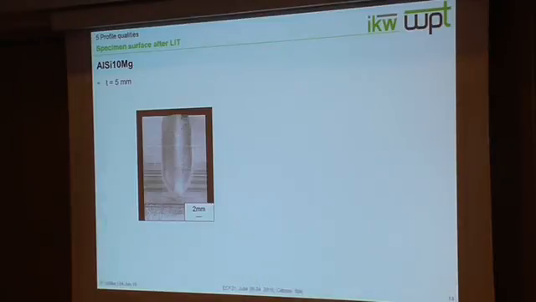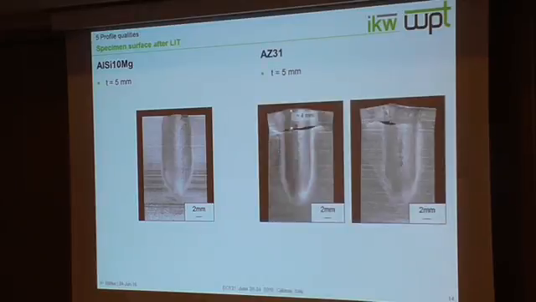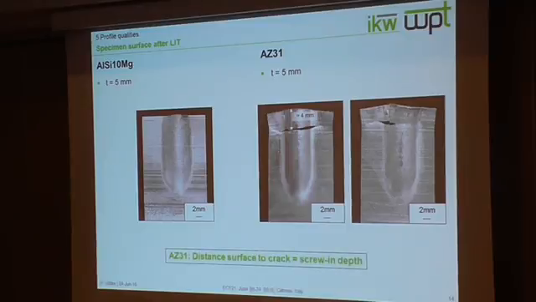Okay, and at last we had to have a look at the specimen surface after the fatigue testing, because as you can see here on the left side, for aluminium alloys there was no difference in contrast to the manufactured specimen, and in contrast to that, the magnesium alloy showed some cracking on both sides of the specimen, and the distance from these cracks to the surface of the specimen was about 4 millimeters, so this corresponds to the screw-in depth of the threaded rod.